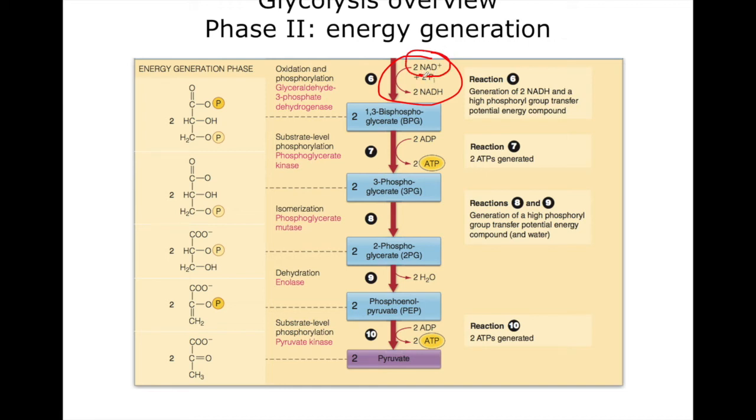So without oxygen present, eventually all of the NAD+ is converted to NADH, and glycolysis will stop occurring. We're not going to be able to produce any more energy, and that could be lethal. So for the conversion of pyruvate to lactate, for example, the reason that step occurs is because there's not enough oxygen to undergo oxidative processes, and so the NAD+ must be regenerated through the production of lactate.